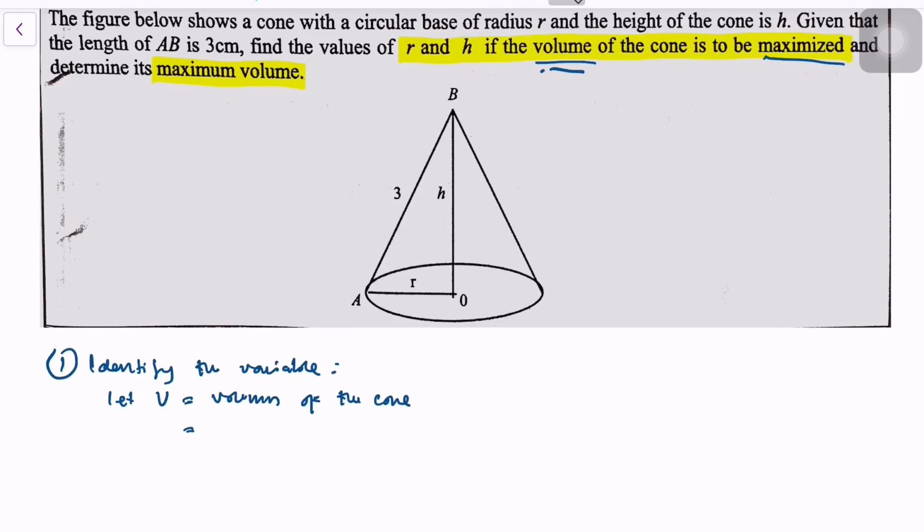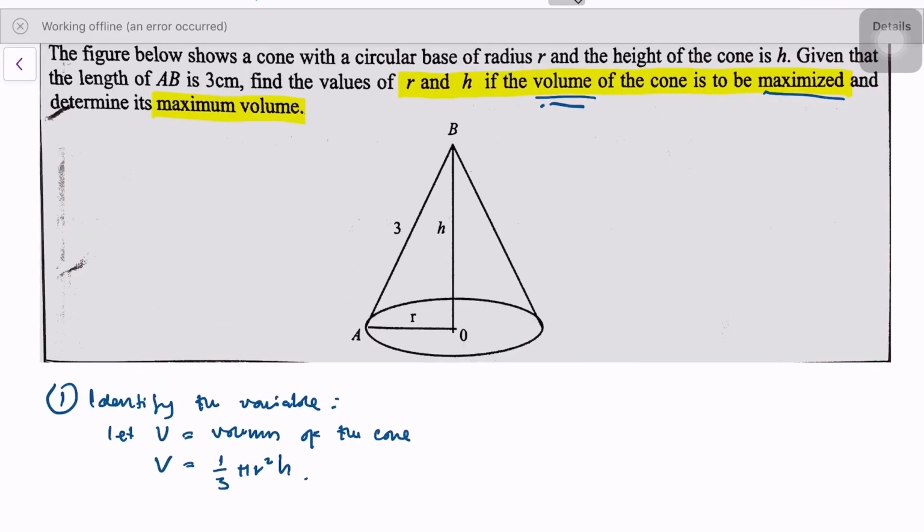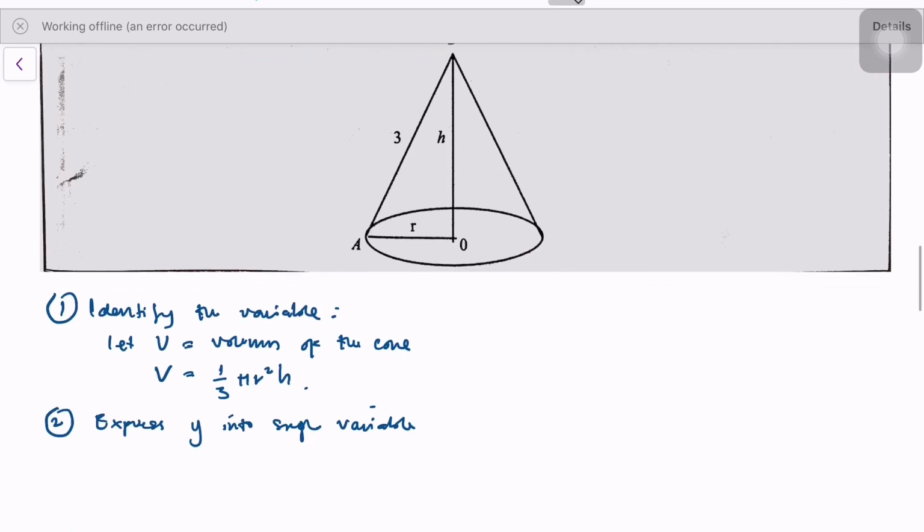Therefore volume V is actually 1/3 pi r squared h. So this is actually the formula of the cone. Okay, and so we'll continue with the second step, which is we are going to express y into single variable. Okay, kita nak jadikan dia single variable.